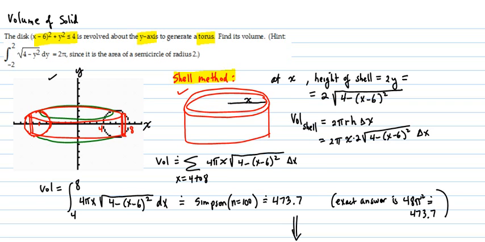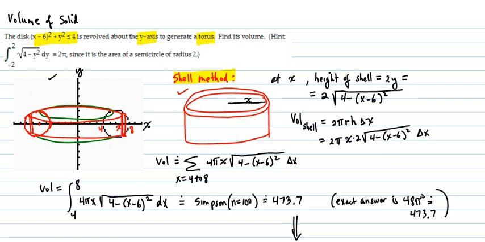At an x location here, the radius of the shell out to that point is x. The height there has to do with the y value, but it's twice the y value because it's going from the negative part to positive.